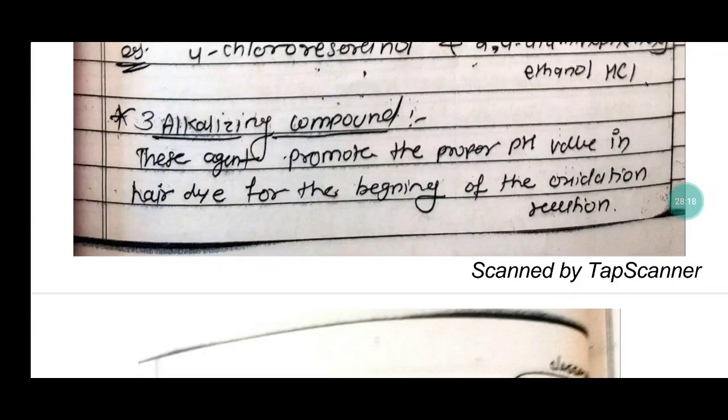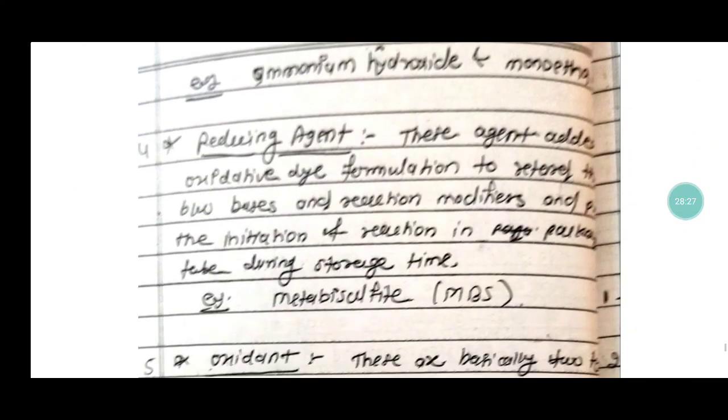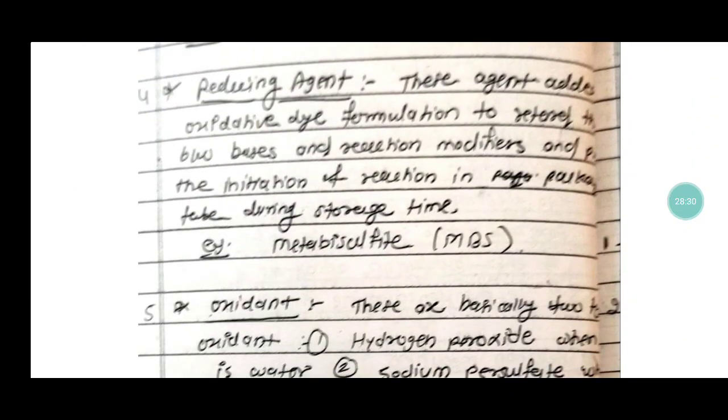The alkalizing compounds are agents that promote the proper pH value in the hair dye for the beginning of the oxidation reaction. And lastly, the reducing agent: this agent keeps the oxidative dye formulation stable, preventing reaction between the primary intermediates and the modifiers during the storage time.